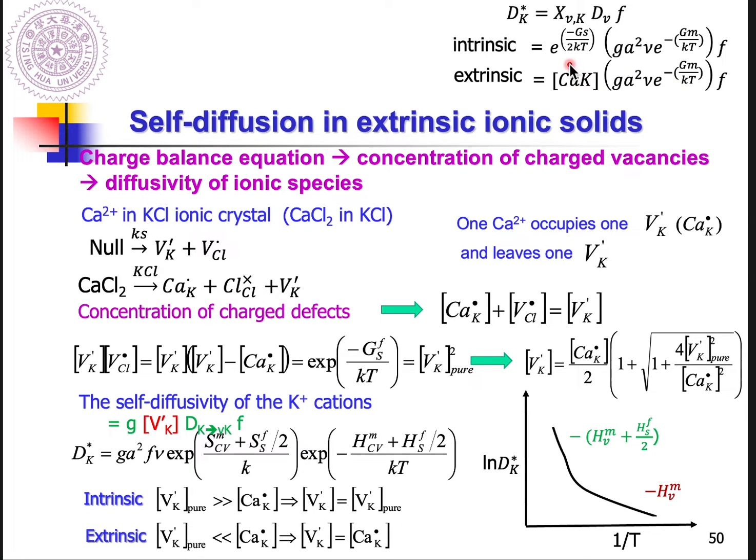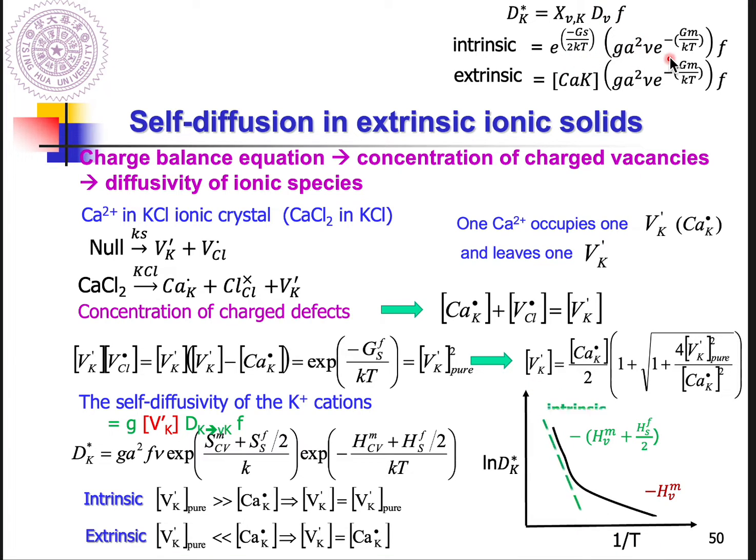Next we are going to learn about how this self-diffusivity of potassium changes with temperature. So we take the log on both sides and draw the log D_K star versus 1 over T. So we are going to get two slopes, right?